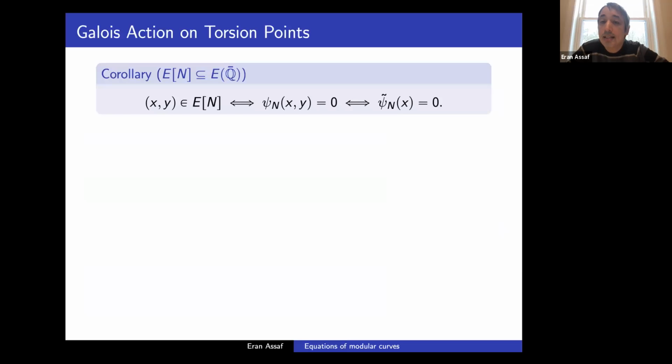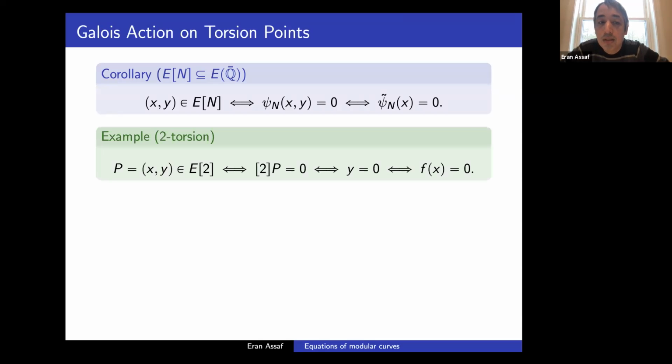And the nice thing is that we can translate it to a polynomial condition only on x. And let's look at a very simple example, the example of 2 torsion. So suppose we have a point which is a 2 torsion, then we already saw before that it means that the y coordinate is 0.